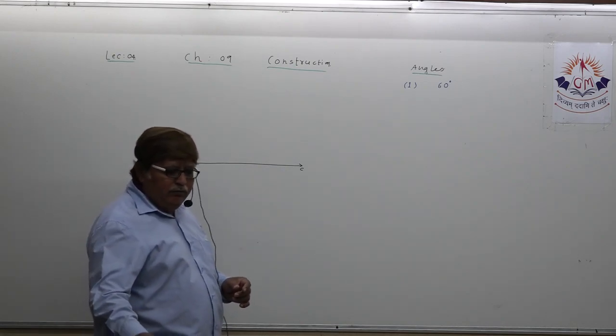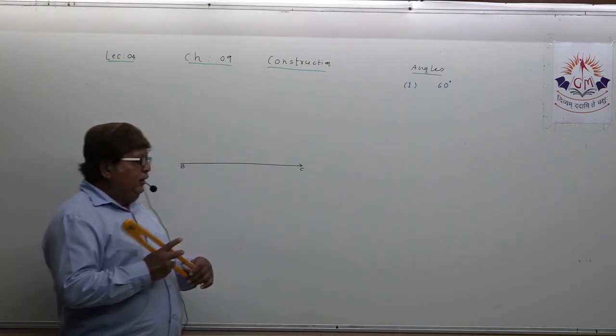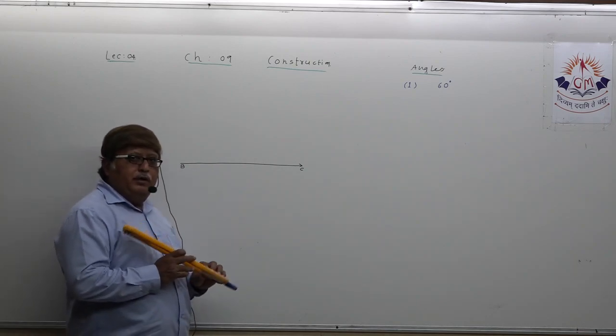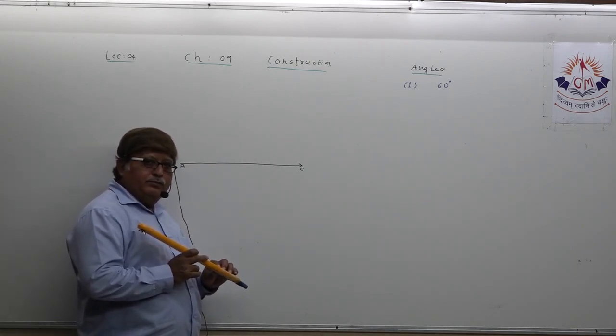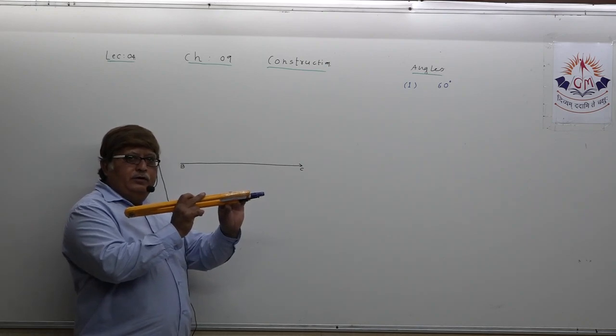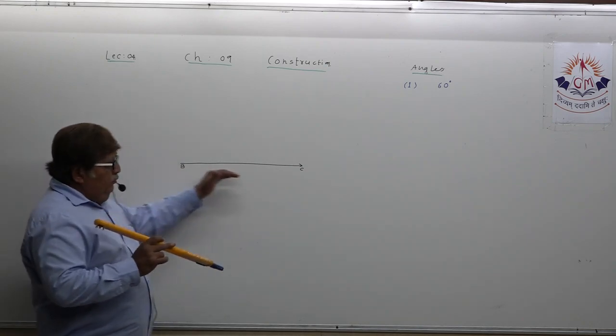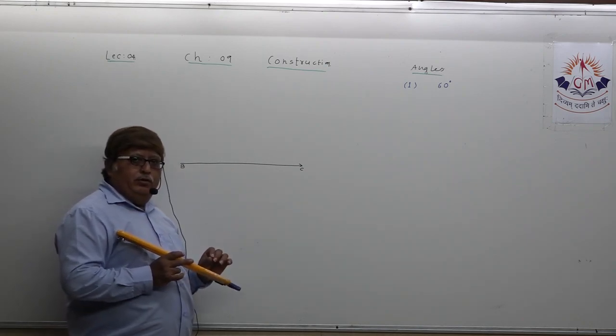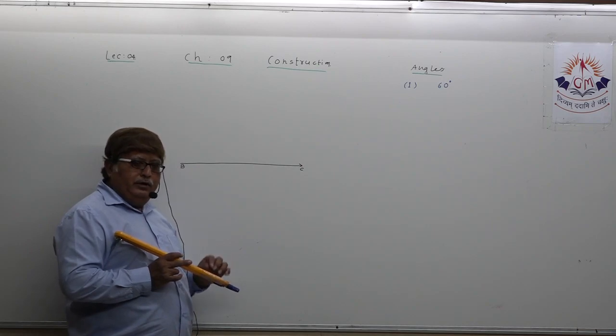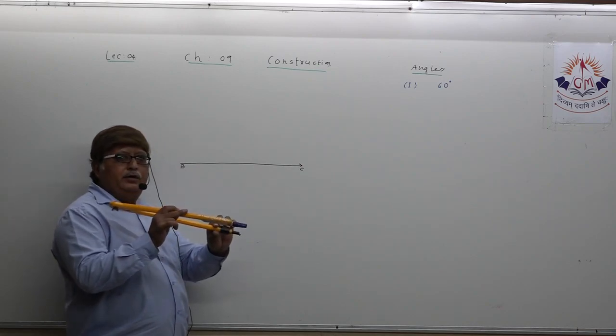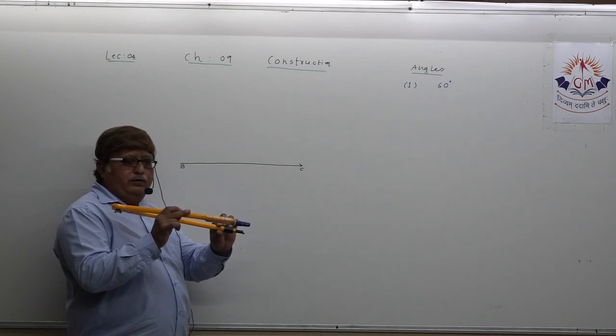Now what you have to do, you have to take a pair of compass. Try to understand this. First you will draw one ray, then you will take pair of compass.